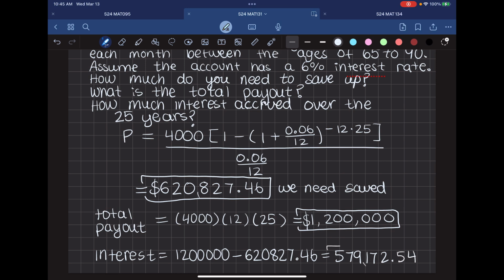And so we made over $500,000 in interest over the 25 years that account was sitting. So that's kind of cool, right?